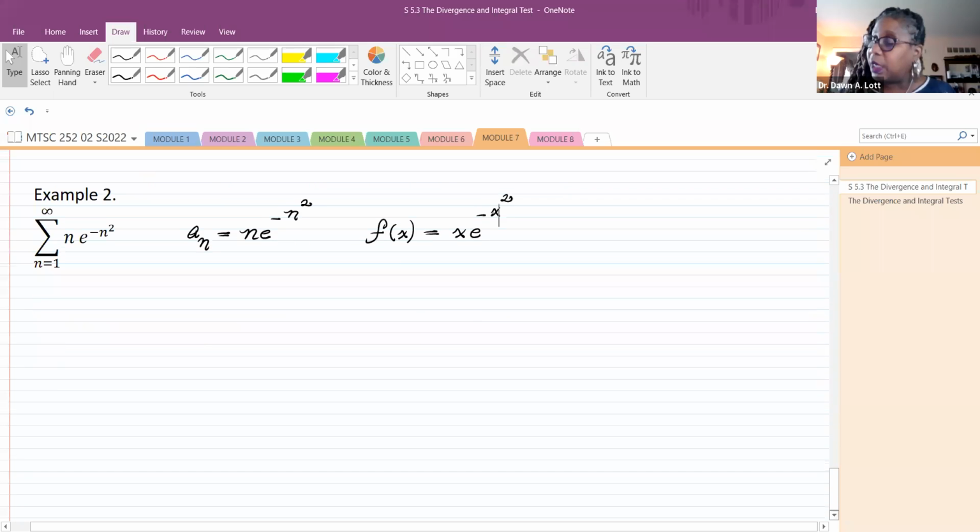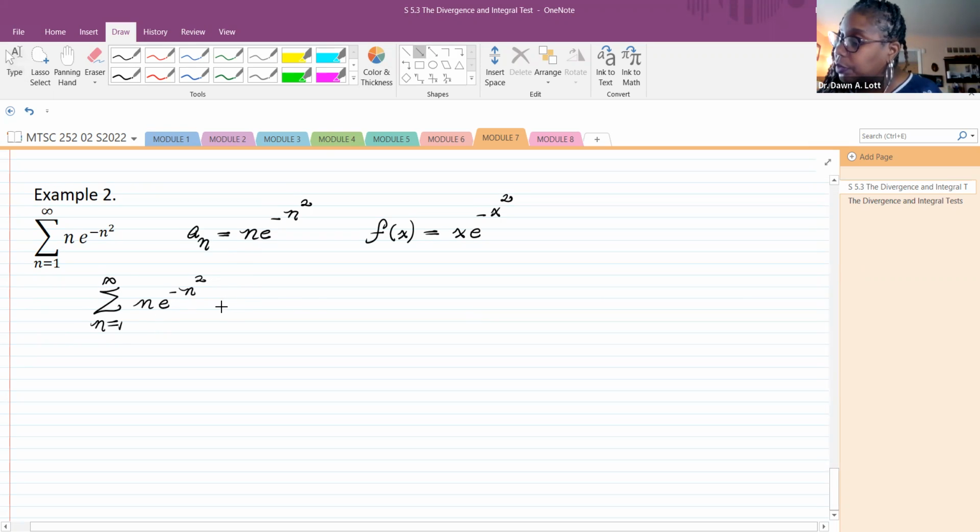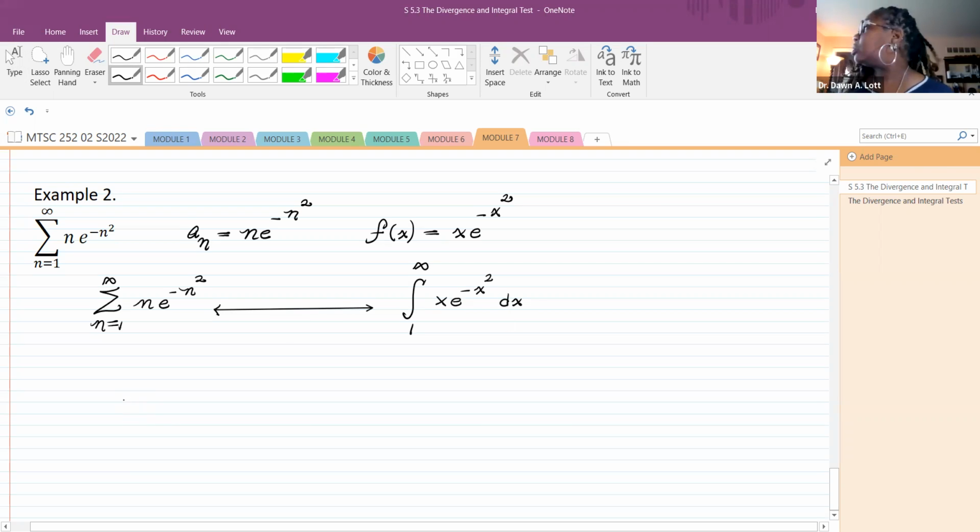So right now I have the sum n equals 1 to infinity of n e to the negative n squared. And it has a relationship with the integral from 1 to infinity of x e to the negative x squared dx. Now we could have used tons of different formulas, functions, anything.